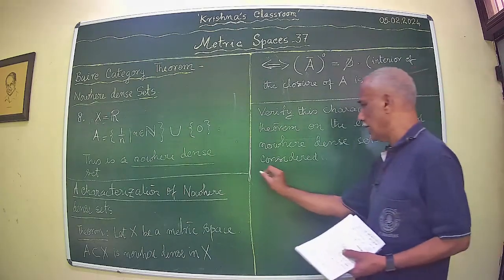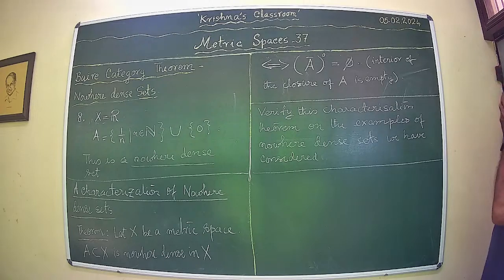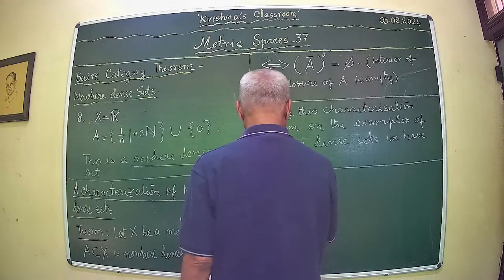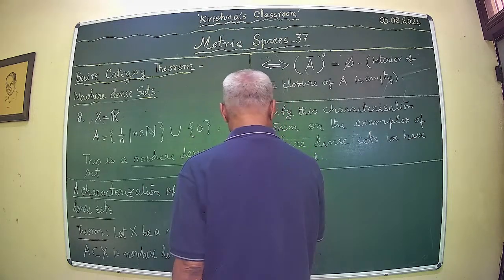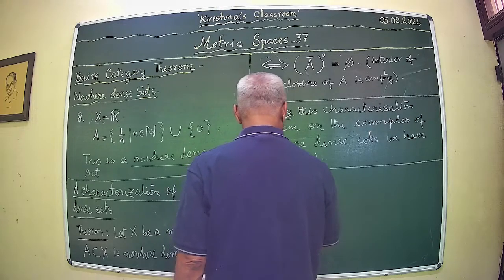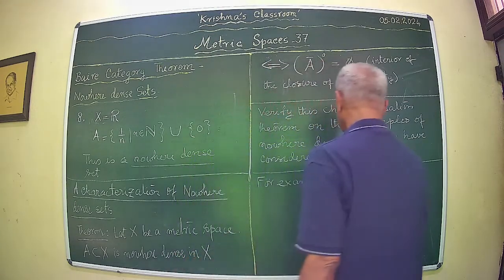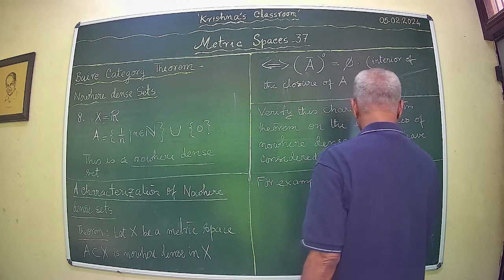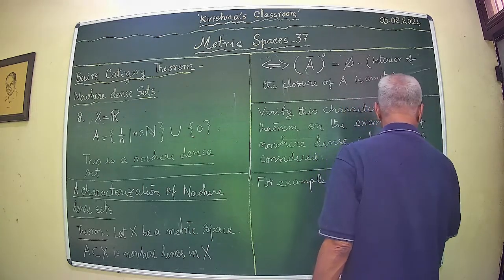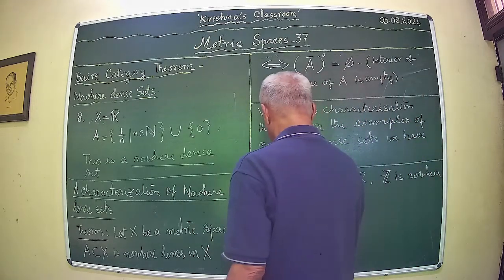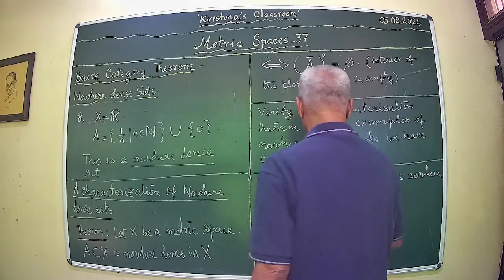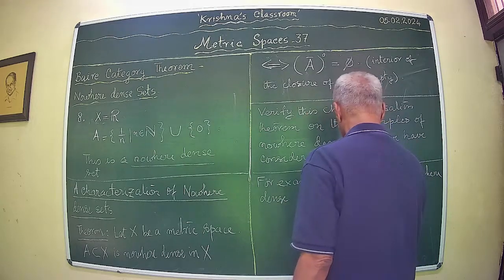Now I'll just take one example. We have seen that, for example, Z in R. Now you see that Z closure is equal to Z itself.